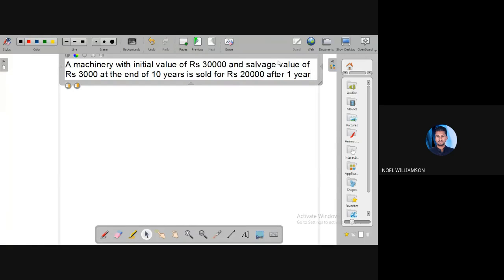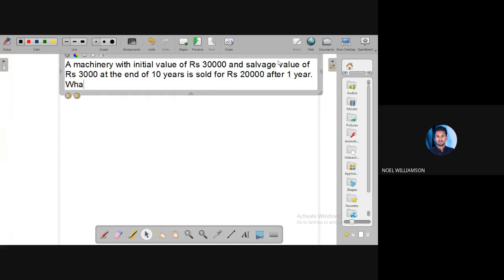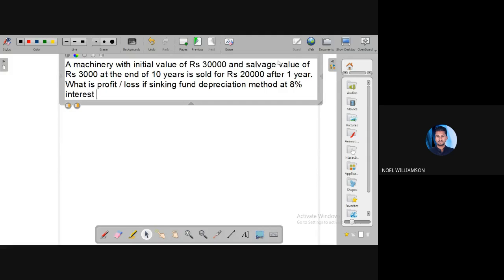What is the profit or loss if the sinking fund depreciation method at 8% interest compounded annually is used?